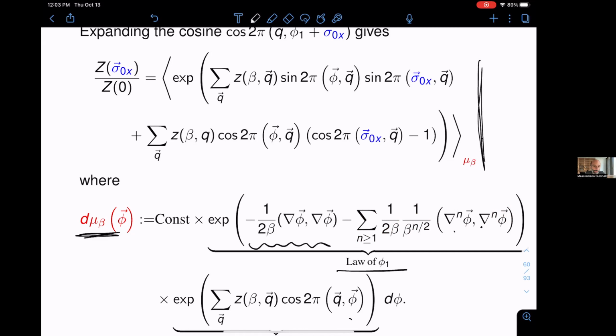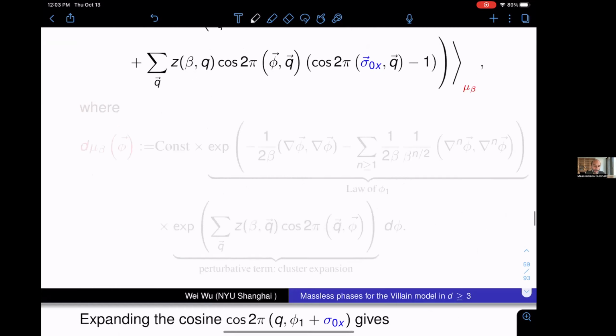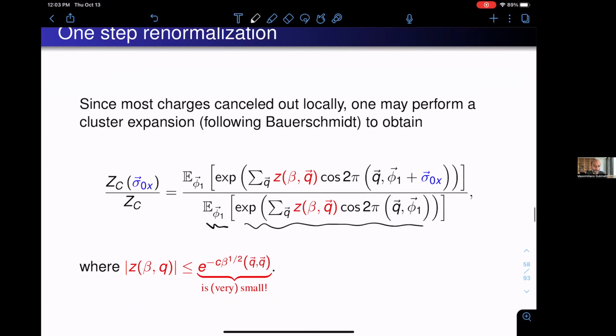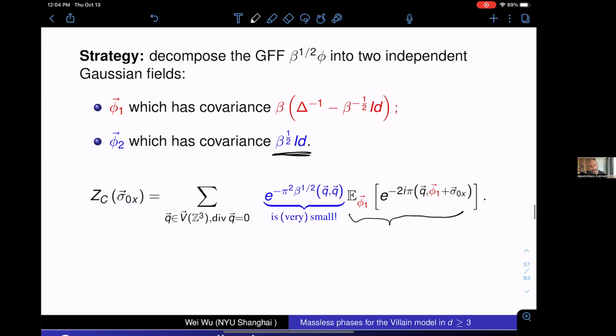Like when you construct an effective action, and there is no integration involved. So what allows you to do it? What makes the cluster expansion convergent?